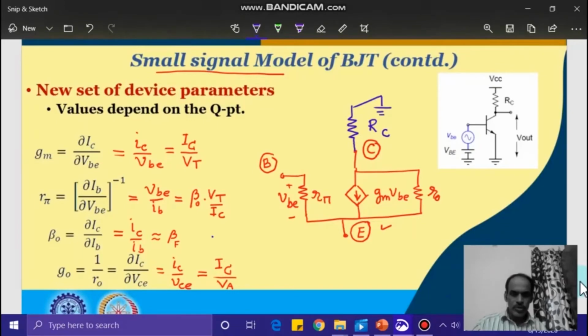Likewise, at the input we do have the input signal applied at the base with respect to a DC voltage, but for small signal we consider this DC voltage to be 0.